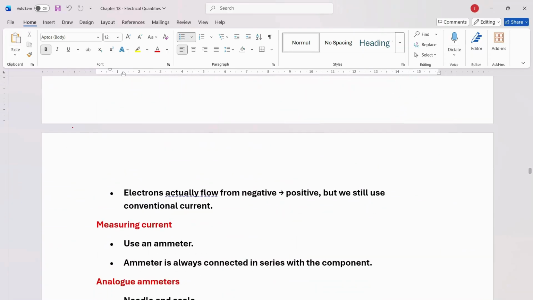Electrons actually flow from negative to positive, but we still use conventional current.